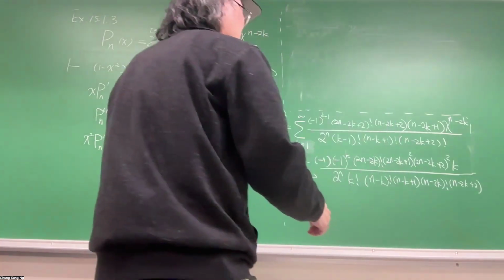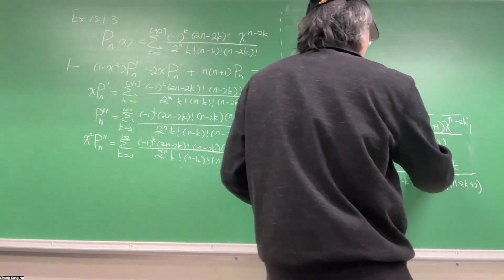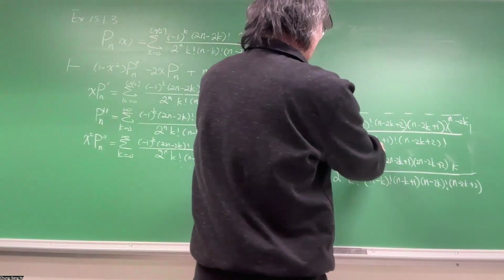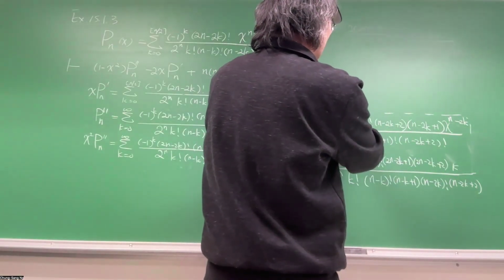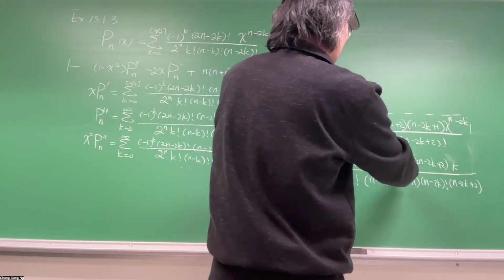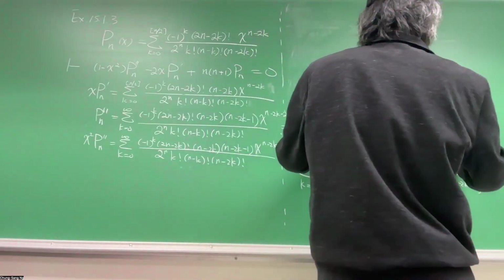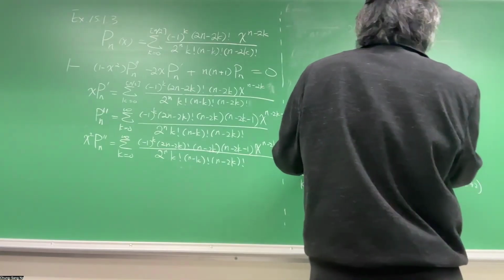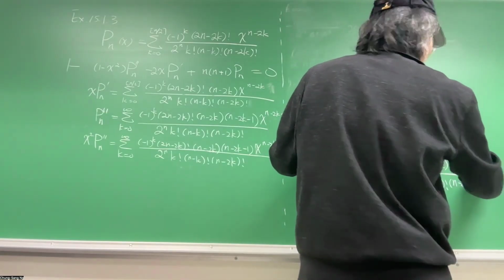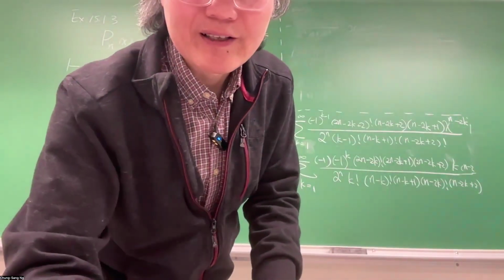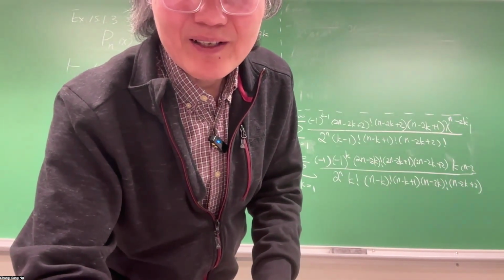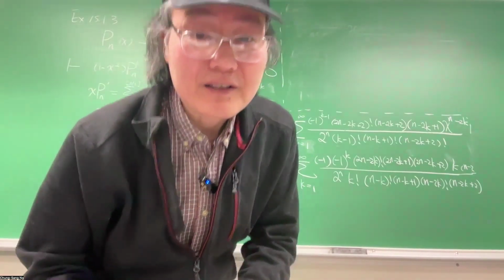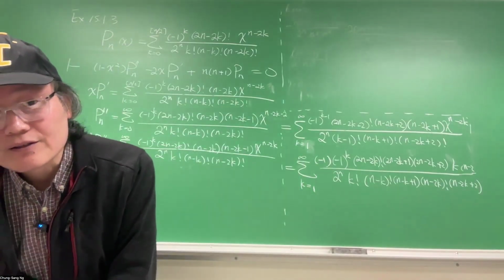Oh, yeah, okay. I know what you're saying. So this is 2n minus 2k. Yeah, I looked at it incorrectly. It's 2n. This is from this 2, and you still have this 2 factor, but n minus 2k. Sorry, see if I get enough space for this one.